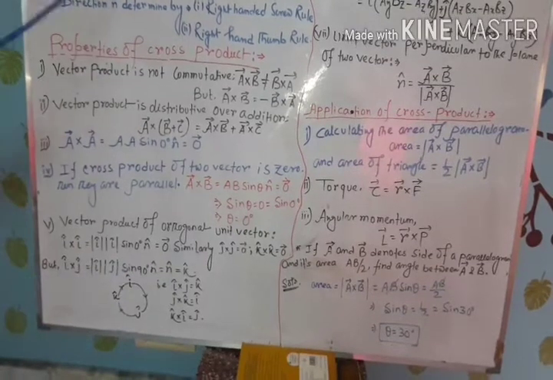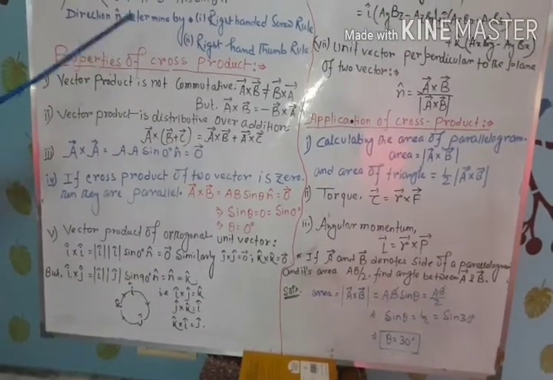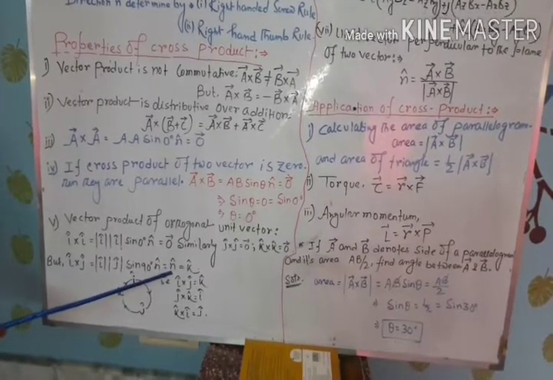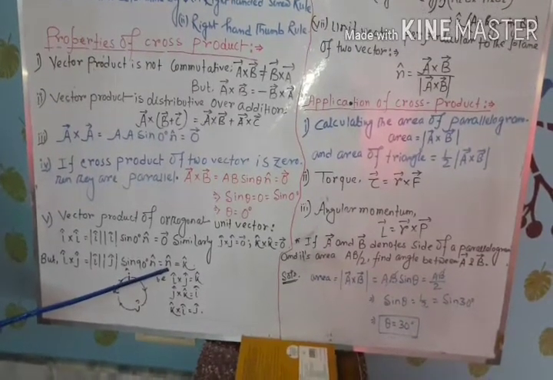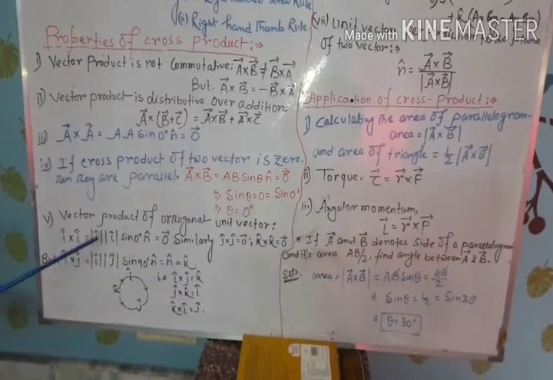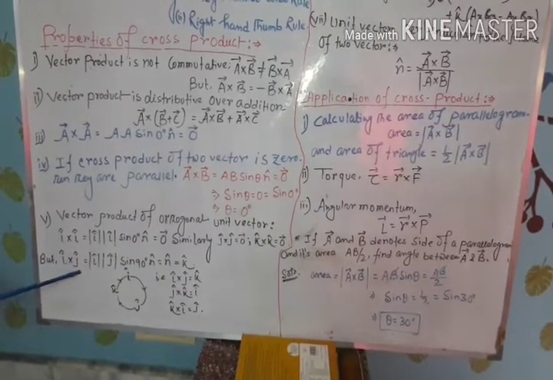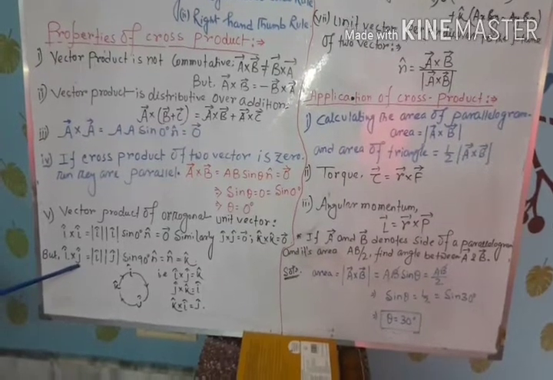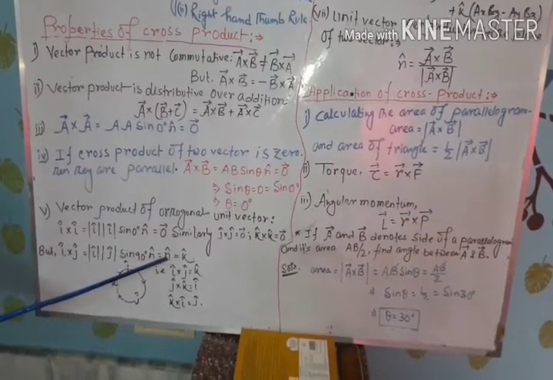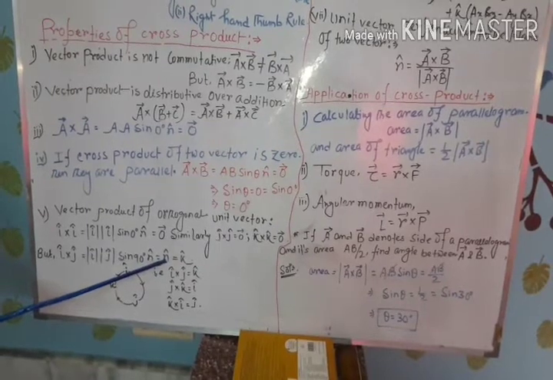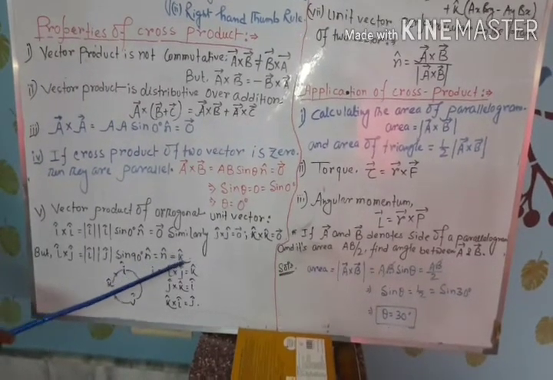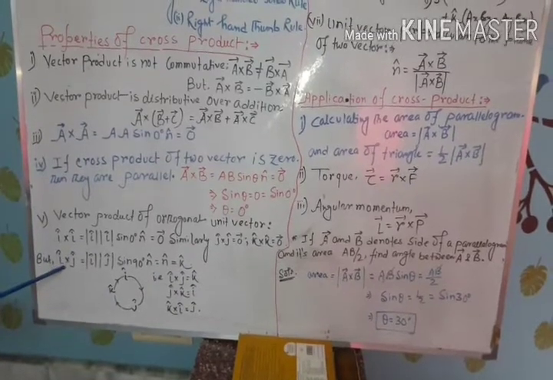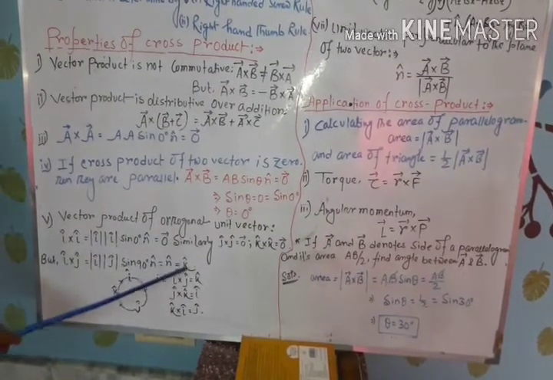And according to the definition of cross product, we know the direction of n cap. n cap is a unit vector perpendicular to the plane where i cap and j cap are situated. i cap is situated along the x axis, j cap along the y axis. So therefore n cap is along the z axis, and along the z axis the unit vector is k cap. That's why whenever we take i cap cross j cap, it will give k cap.